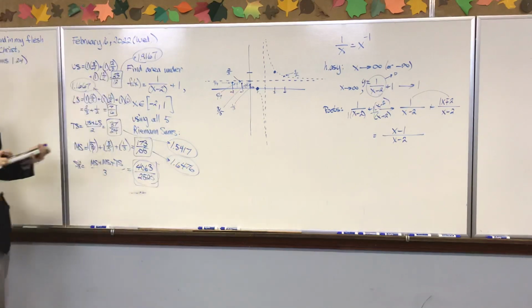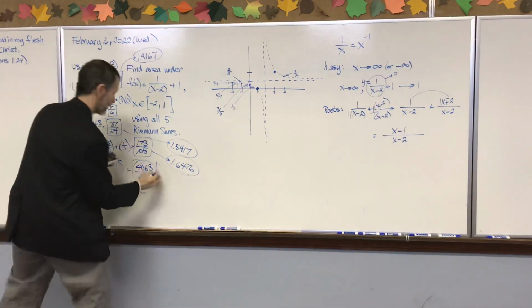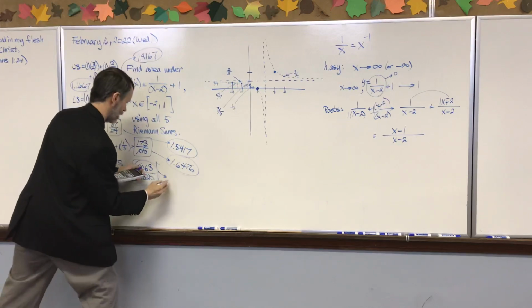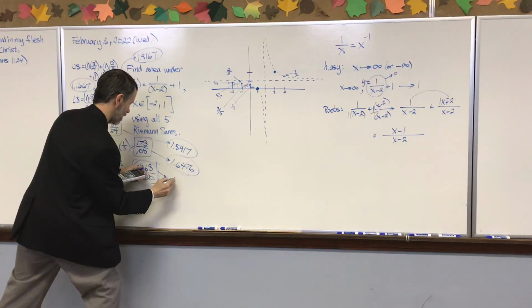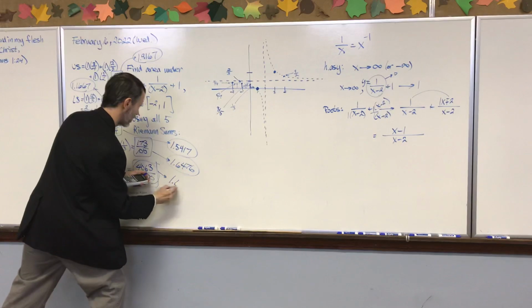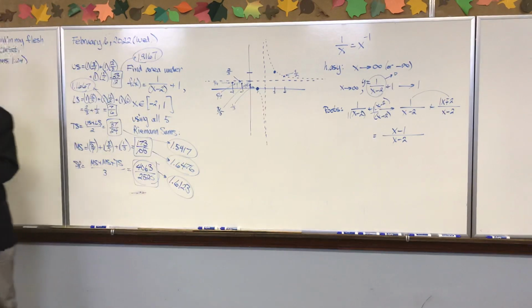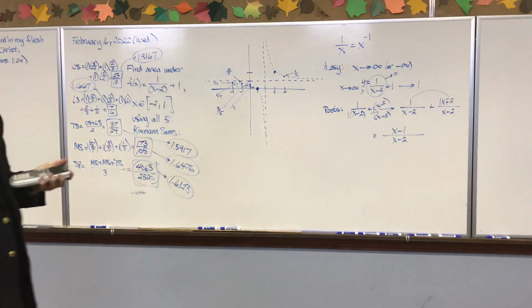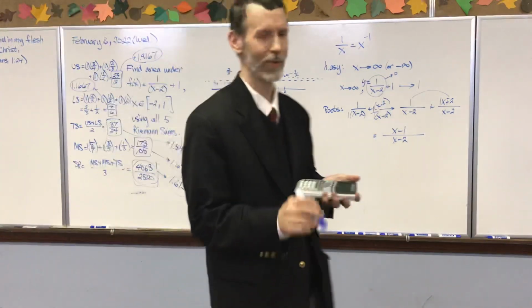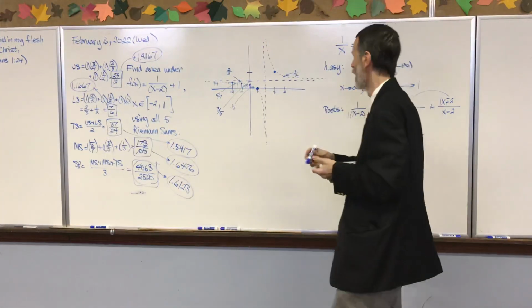And finally, 4063 over 2520. Go for it. 1.6123. If you had to make a bet, which one would you think would be most accurate? The last one. Simpson's rule is almost always more accurate than the other ones.